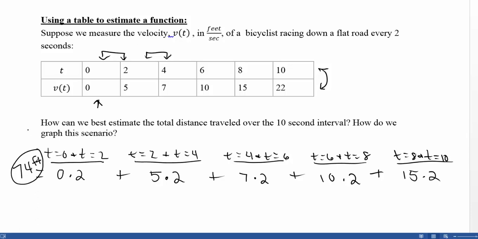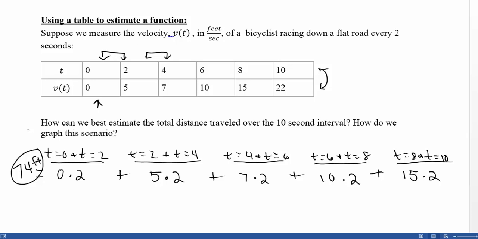Now we were very methodical. We always picked the rate on the left, and then we went through our entire table to represent each time interval. However, if you are this bicyclist and you are indeed racing, you want to cover as much distance as you can, so you're probably going to be really angry with what we did, because we didn't ever even use the 22, which was your fastest rate in all of the measurements.